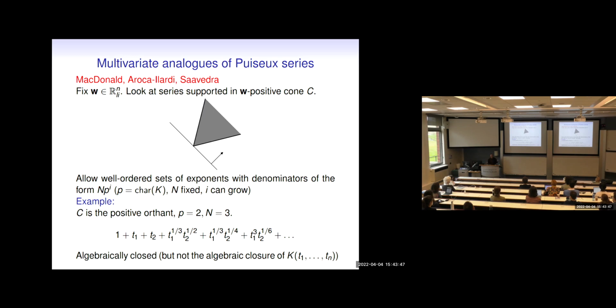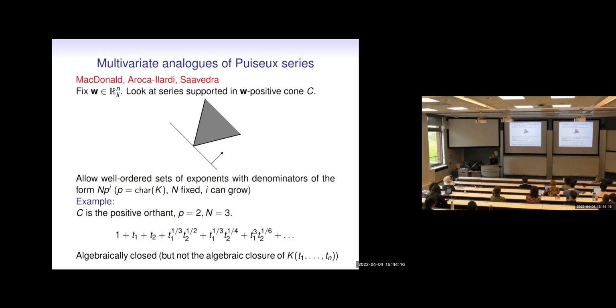Okay. And the claim is that if you do this, you get a field. If I look at all such series, I fix W. So for each choice of W, I get a field, and this field is algebraically closed. That says if you have a polynomial in X and T1 up to Tn, you can always find a root X equal to a series of this form.